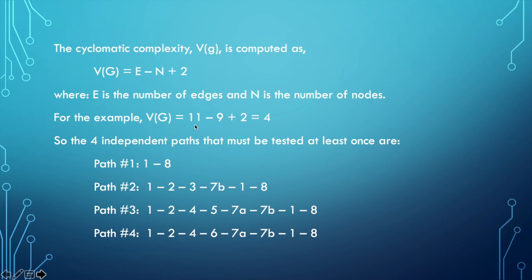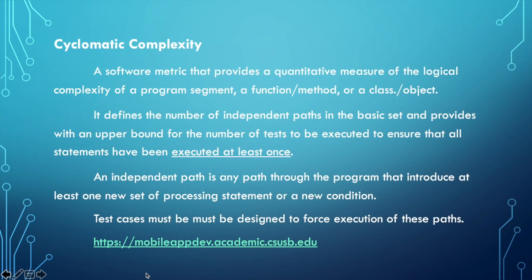Oh, 11 edges. Okay. So 11 edges minus 9 nodes plus 2 equals 4. So 4 is the cyclomatic count.